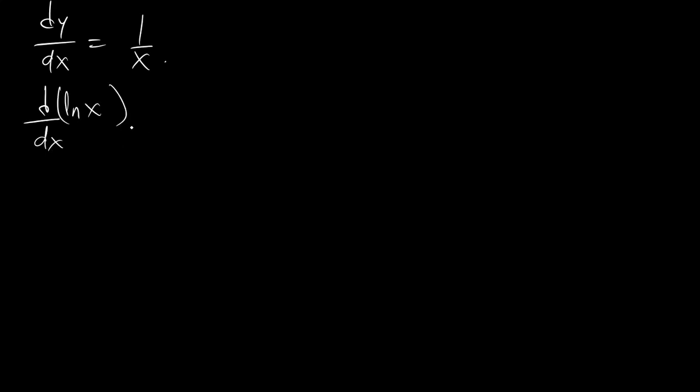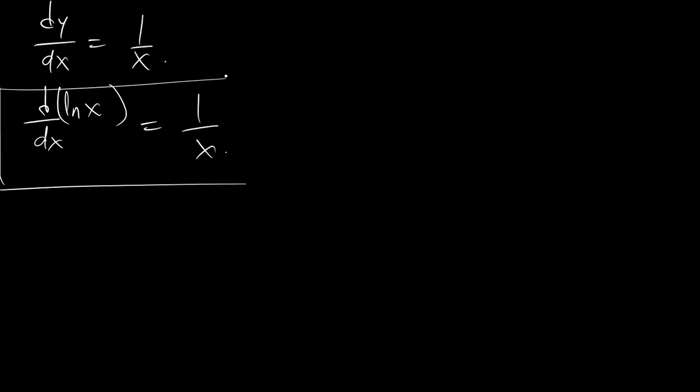That means delta y all over delta x is equal to 1 all over x. Since we assumed that y is equal to ln x, replacing it here, you have delta ln x all over delta x is equal to 1 all over x. So this is it.